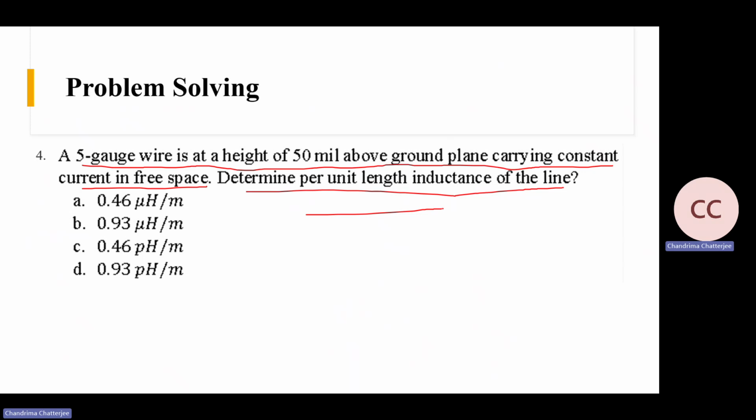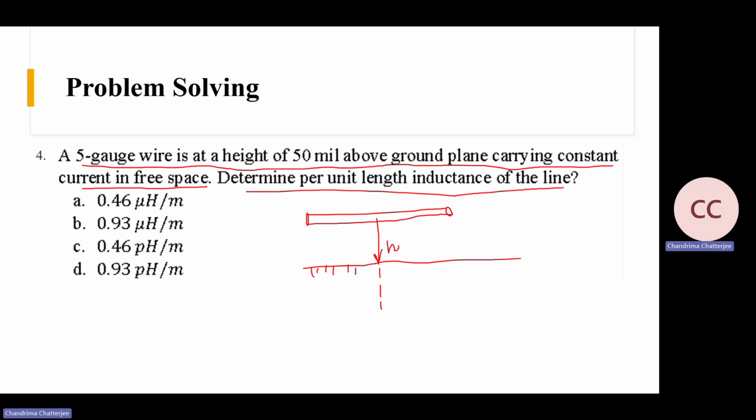So there is a transmission line which is at a height h from the ground, suppose. And we need to find out what is the per unit length inductance. Here, what concept is used is the concept of image.